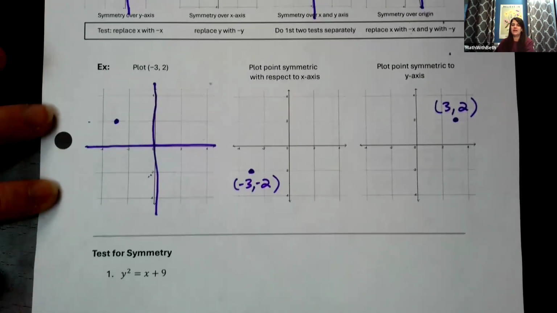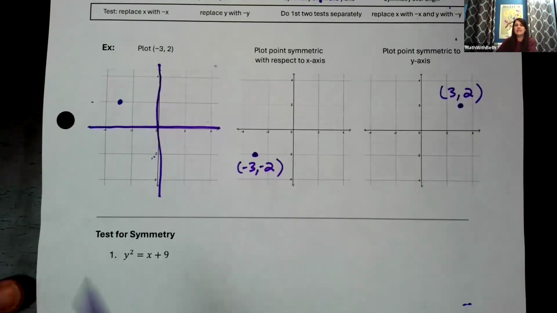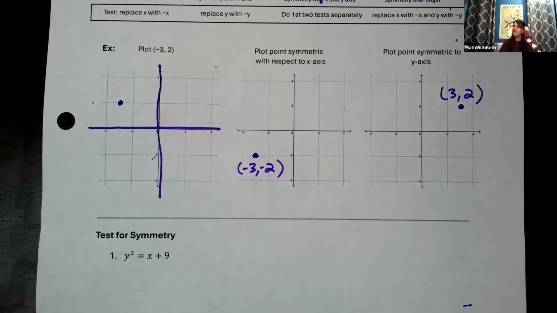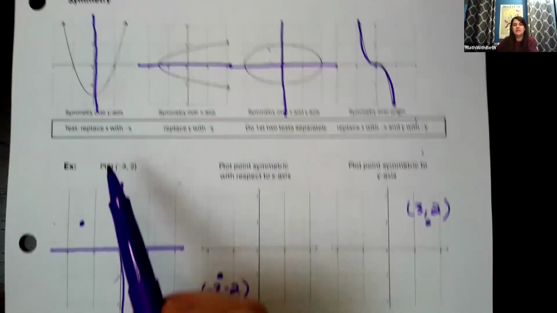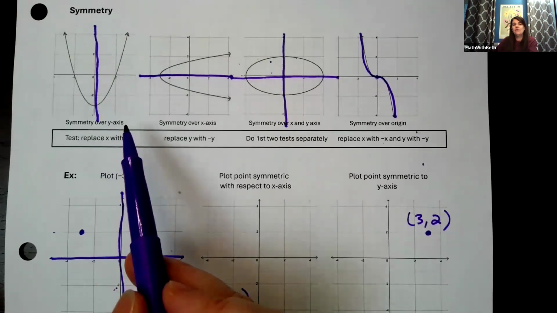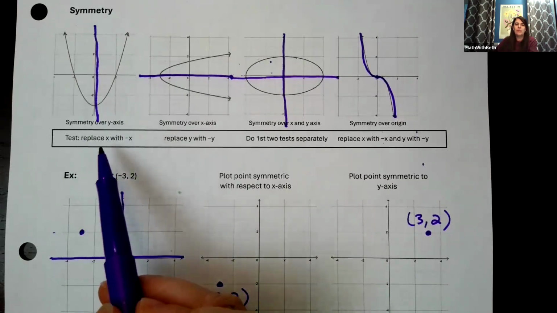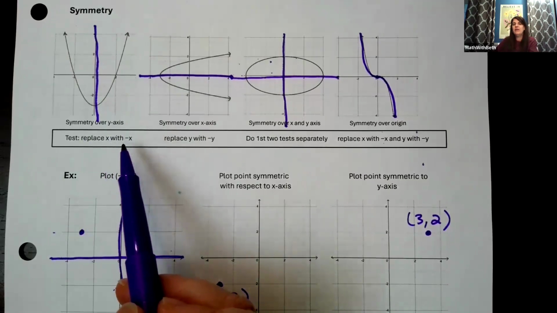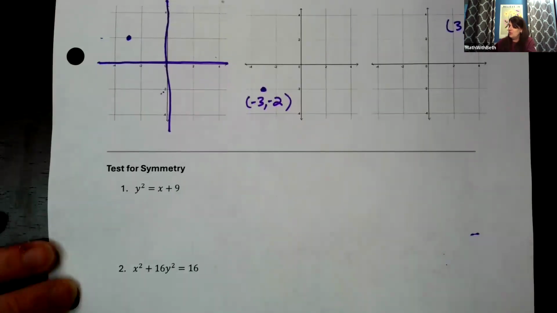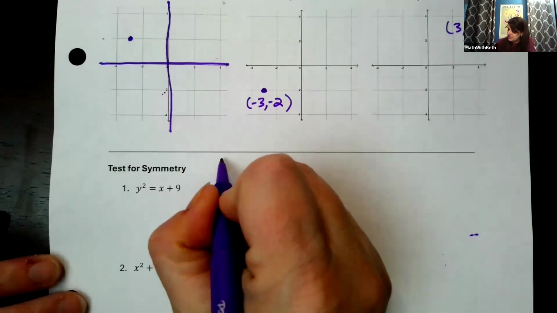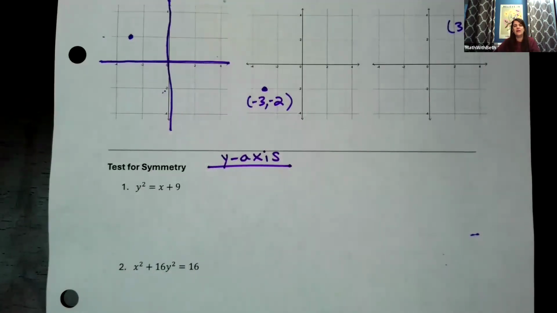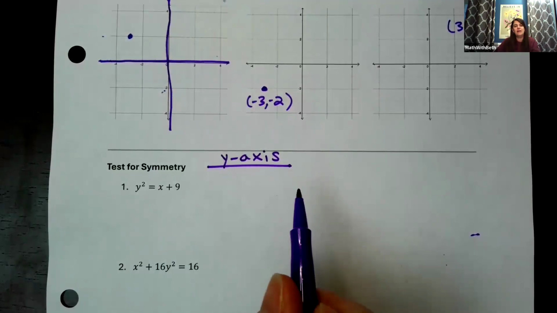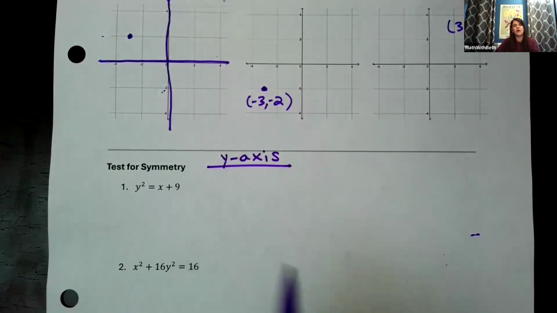Okay, but now back to the test. If I wanted to test this equation for symmetry and I didn't know what it looks like, because obviously if we graphed it, we could just look. But if I just wanted to use the equation, here are the tests. If I want to know if it's symmetric over the y-axis, I'm going to replace all of the x's with -x. Then the way I decide if it works is if I simplify that, can it look the same way it started, or is there no way?